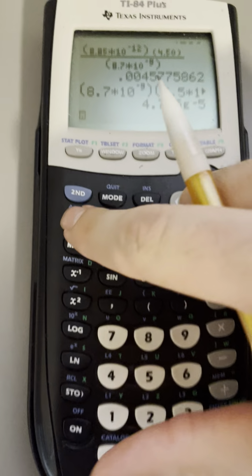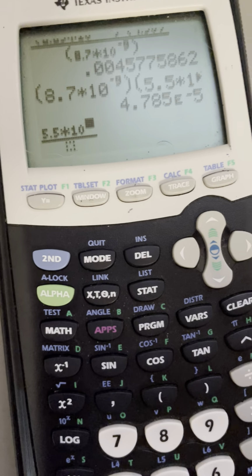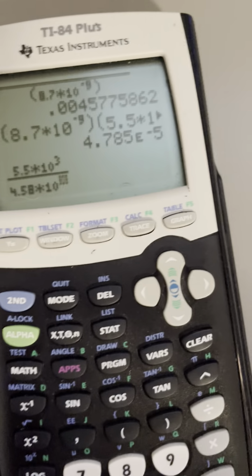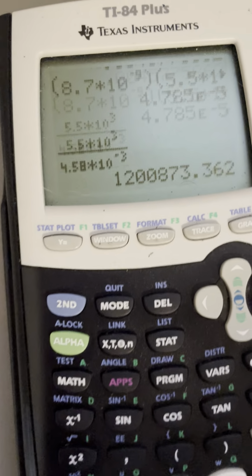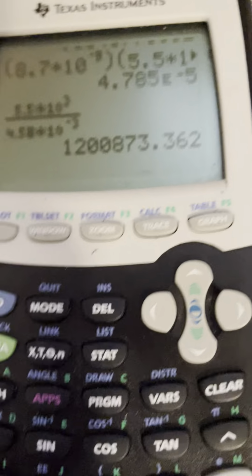So we're going to get E equals 5.5 times 10 to the third divided by 4.58 times 10 to the negative third. That's going to equal, let's find that out. That is 1, 2, 3, 4, 5, 6.